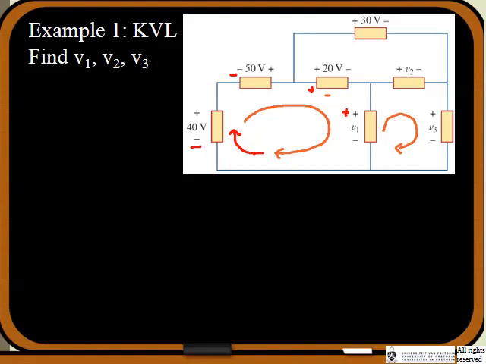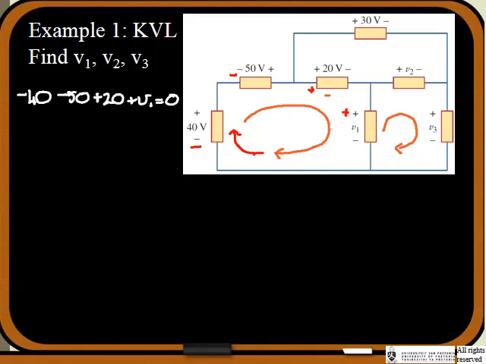So the equation is: minus 40, minus 50, plus 20 volts, plus V1 must equal 0. That closes our loop.